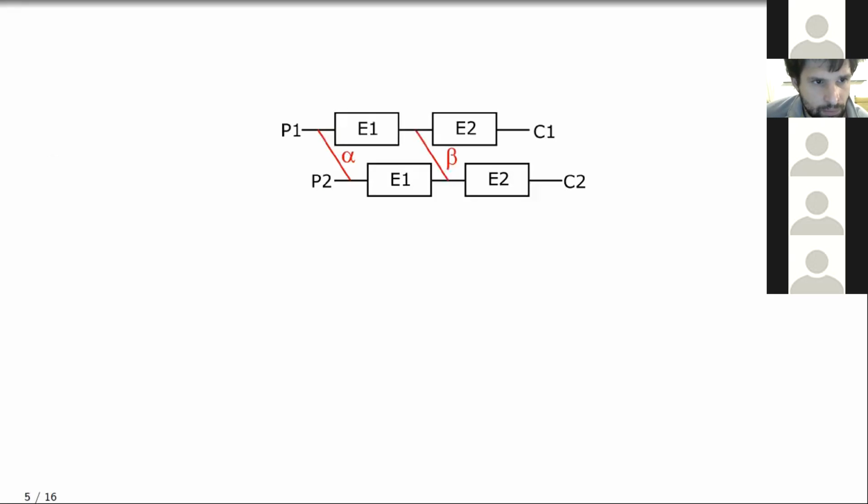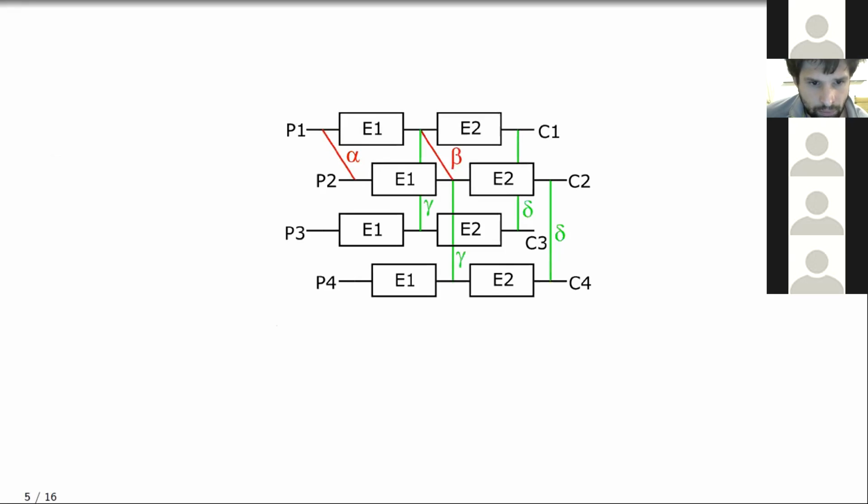Then we start with a pair of plaintexts with difference alpha, and we get a difference beta in the middle of the block cipher. Then with the ciphertexts, we get two other ciphertexts, and so we get two other differences in the middle of the block cipher. Then from the three of them, we get a fourth one, and then we get back a difference alpha between the returning pair P3 and P4.